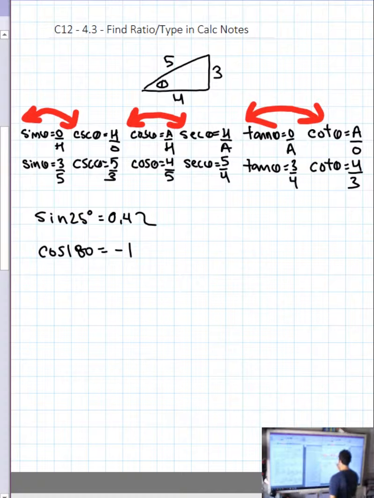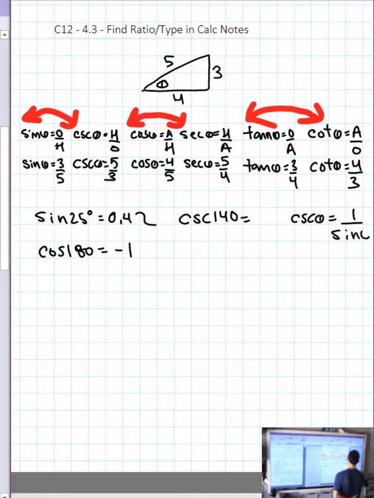What if I say CSC 140? What's that equal to? Well, I know that CSC theta is just equal to 1 over sine theta from our formula sheet. Therefore, it's 1 over sine of 140.